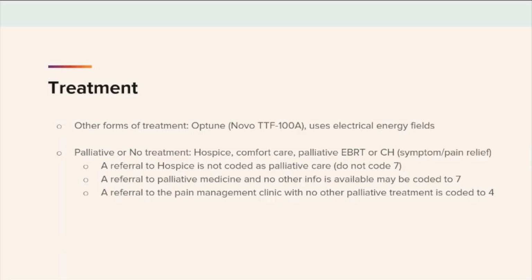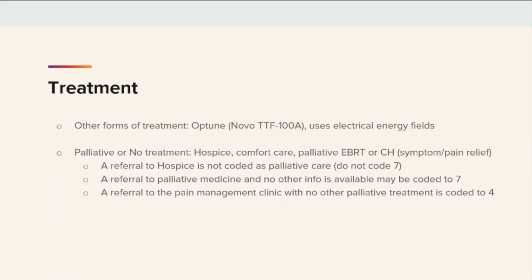If chemo and radiation are administered palliatively, we can use a combination code of 5 or 6, depending on whether the patient was receiving pain management and/or was referred to a pain management clinic for their cancer. The STORE manual provides instructions for palliative treatment. A common misconception is coding a hospice or comfort care referral to code 7 under palliative treatment.